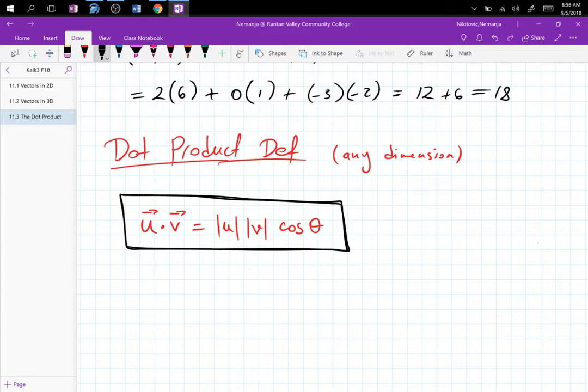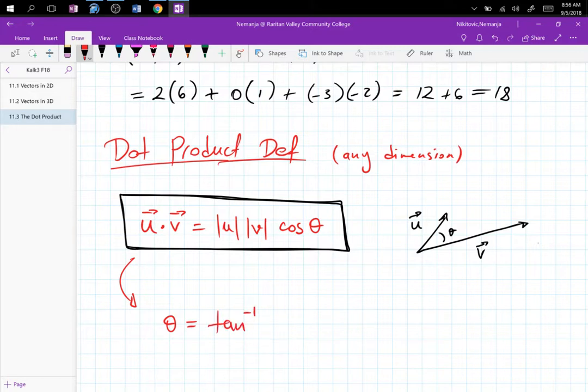So now, if I have two vectors u and v, I will have an angle between them, angle theta, which means that I can flip this formula and solve it for theta equals inverse cosine of the dot product divided by the magnitudes.